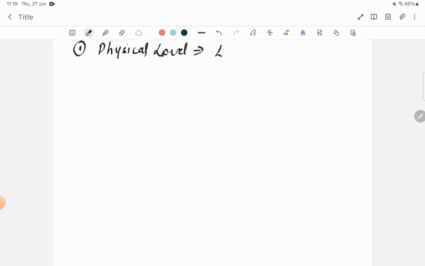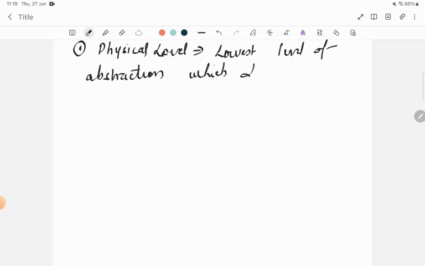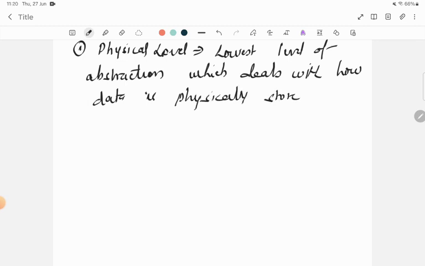This is the lowest level of abstraction, which deals with how data is physically stored. Where are the data going to be stored? They are going to be stored on some storage devices.